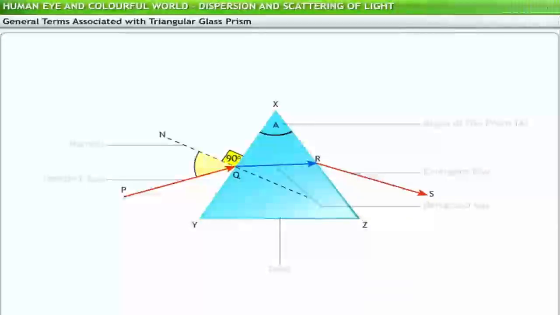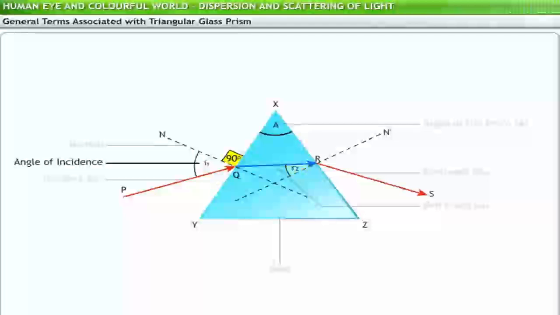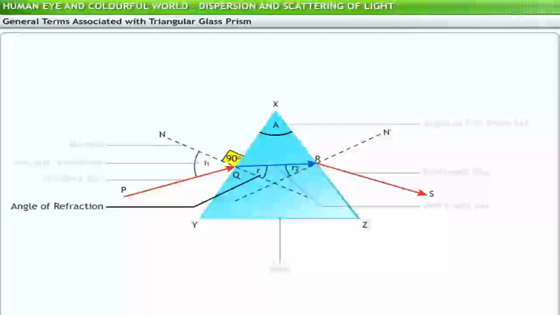The angle formed between the incident ray and the normal at the point of incidence is known as the angle of incidence. Thus, here angle I1 is the angle of incidence on the face represented by XY. Similarly, angle R2 is the angle of incidence on the face represented by XZ. The angle between the normal and the refracted ray is known as the angle of refraction.